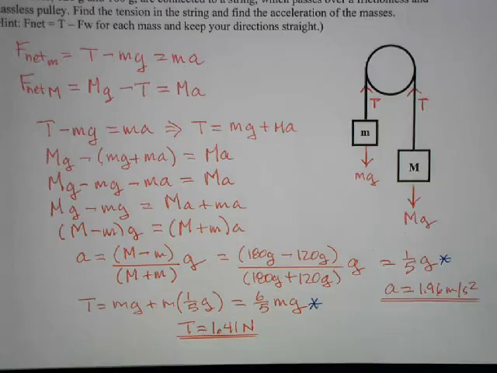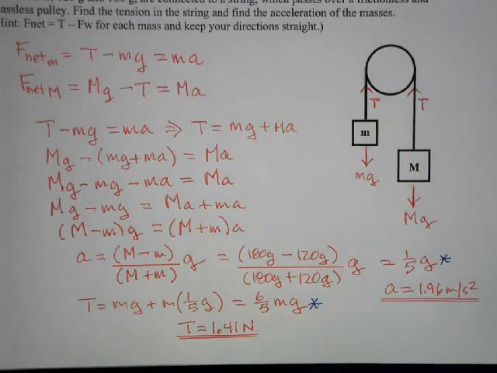And so, two problems in which you have to do two equations and two unknowns, do a substitution to solve for one, and then substitute it back in to solve for the other.